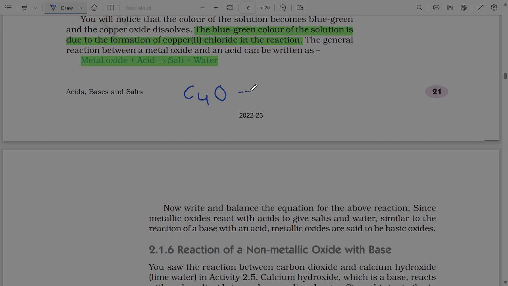When it reacts with hydrochloric acid, HCl, pardon my handwriting, it gives CuCl2 plus water as a byproduct, H2O.